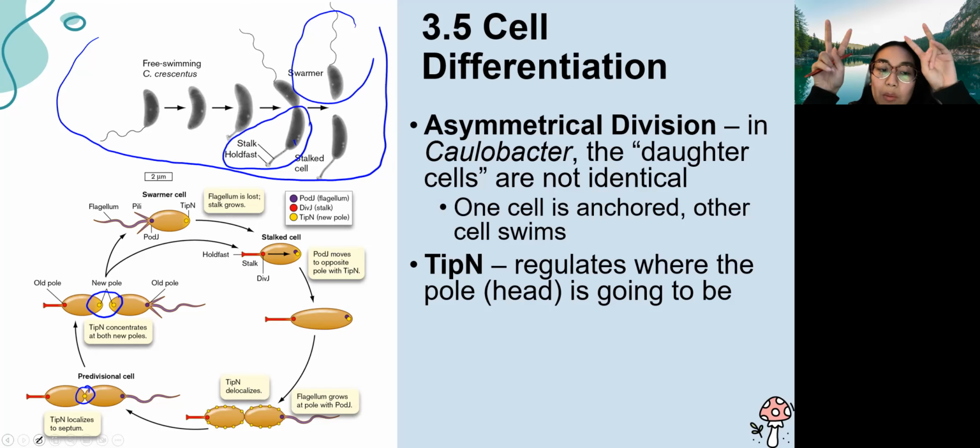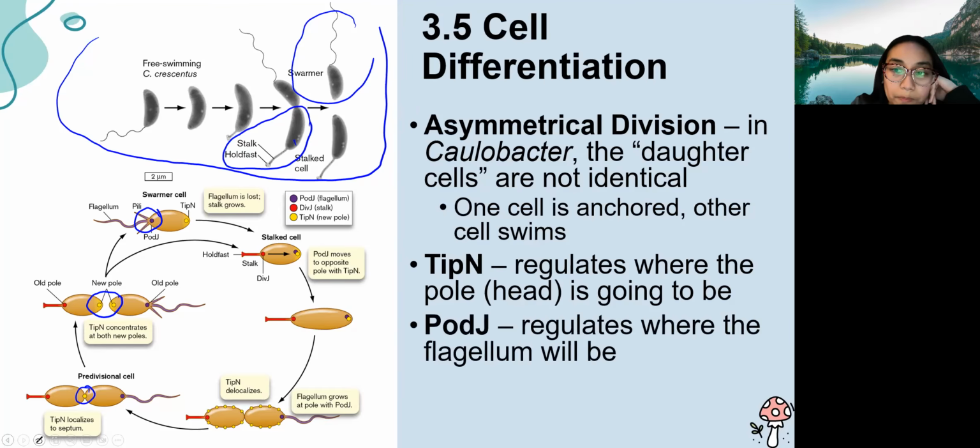Okay, and then there's this other protein, PodJ, and PodJ is purple, and you will only find it in the swarmer cell because it's the one that will activate the production of the flagella so that the bacteria can swim.